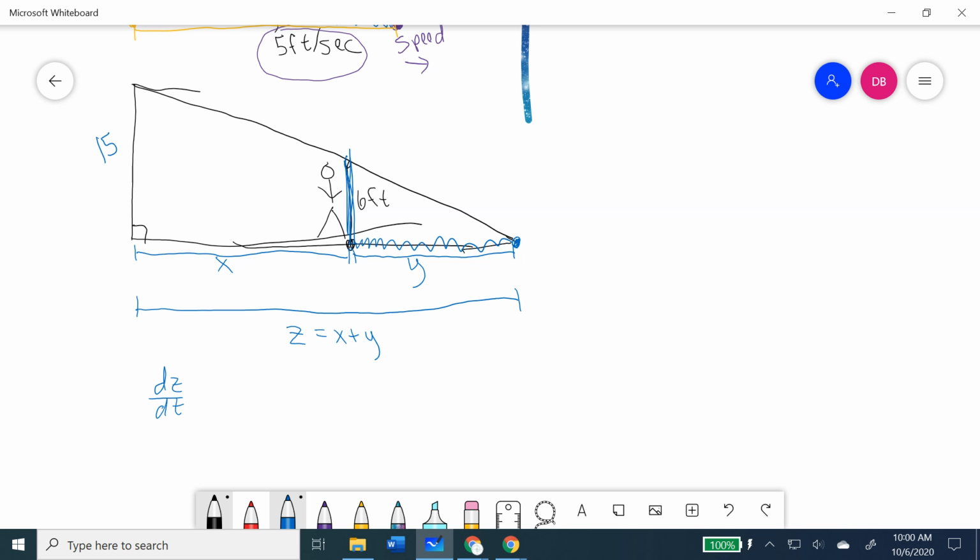And then if you look at the speed that the person is walking, you need to also have that fixed to a point that is not moving. If this person is walking at a rate of 5 feet per second, then the distance from them to the pole is changing at 5 feet per second. So that's dx dt.